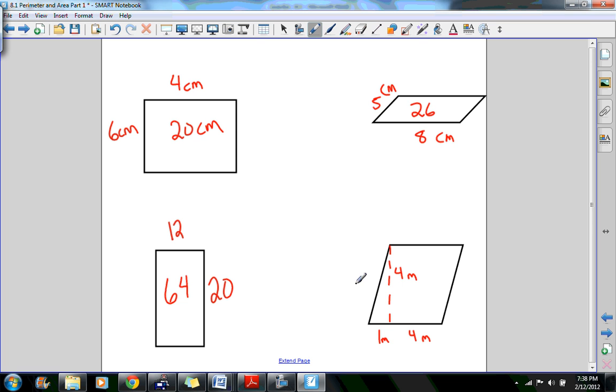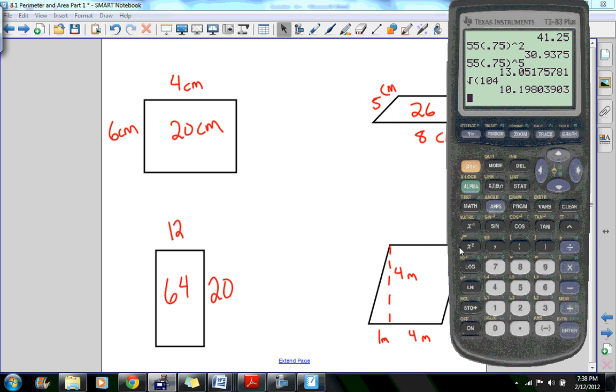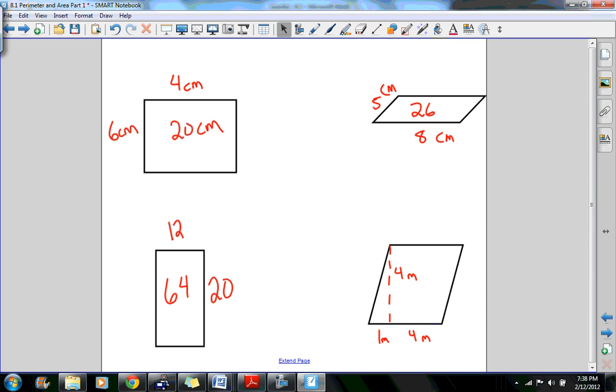Square root of 17. So this is about 4.1 here. So that means this is 10. So this will be 18.2 meters. If you have questions on any of those, please ask me. I'm here to help you. I'm probably wandering around the room right now.